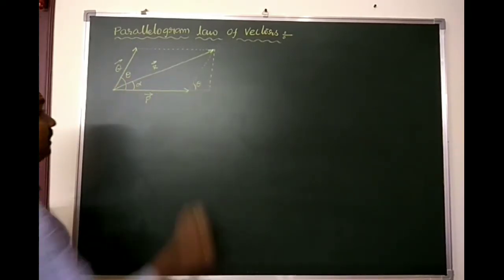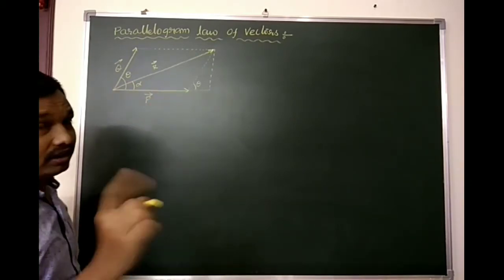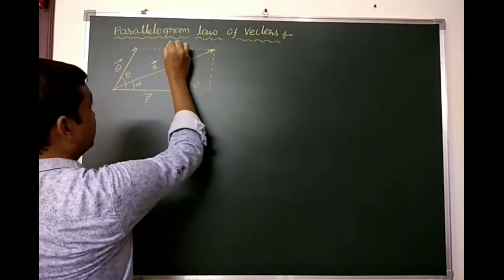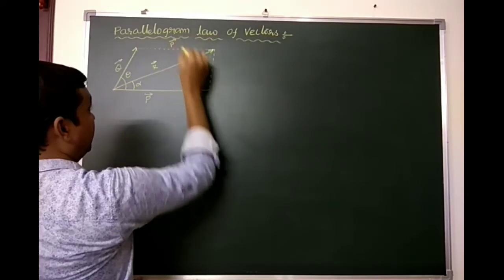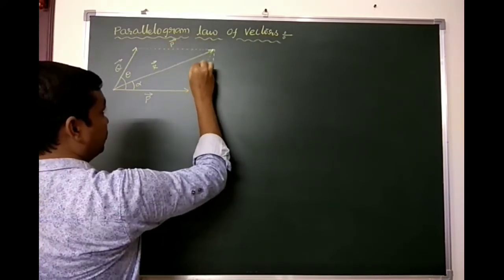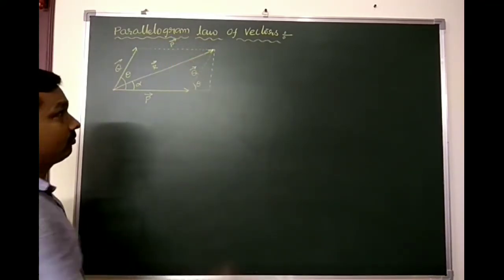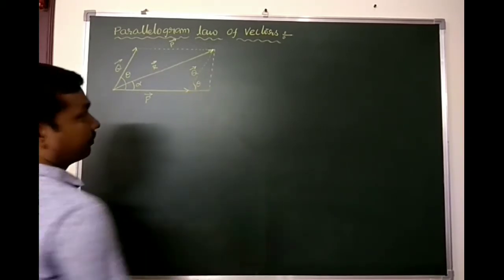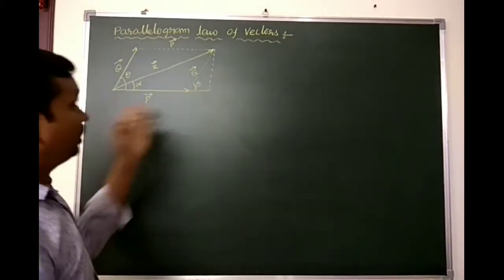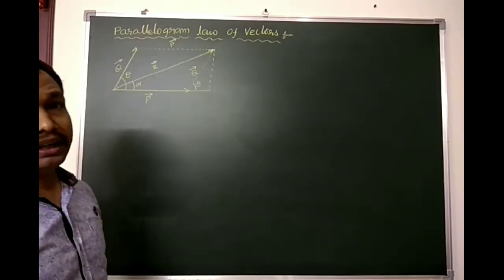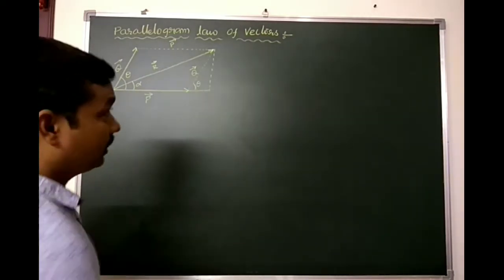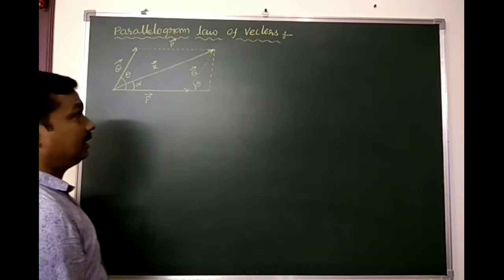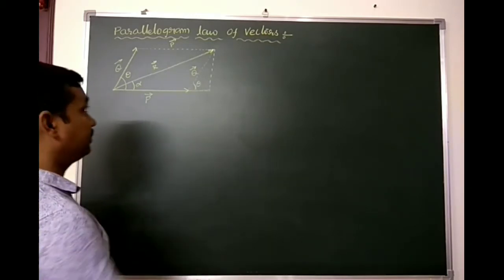Parallel vectors are the same, so this is also P bar and this is Q bar. Now we have a right-angled triangle, so we can calculate any value.